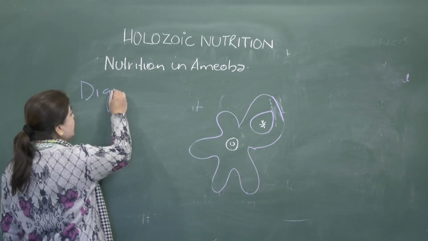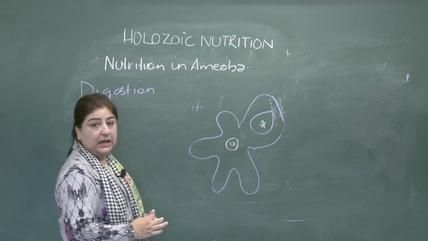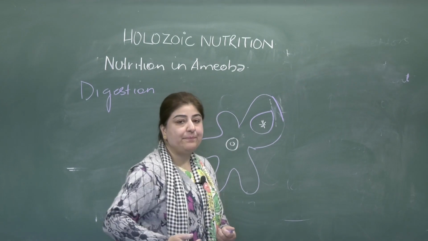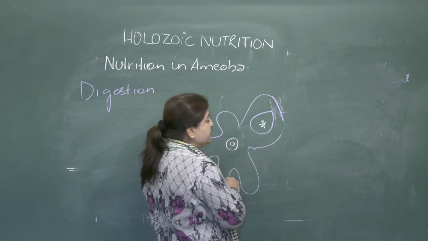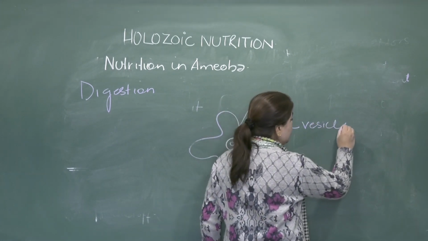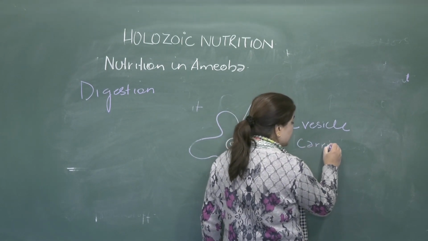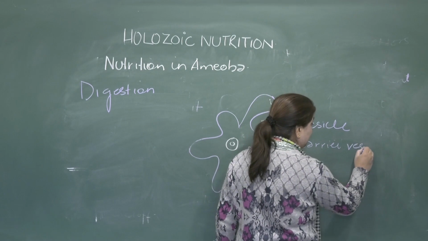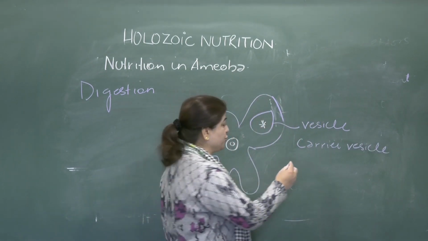Then the next step is basically the digestion. Now in the second step, digestion, what happens? This vesicle that is formed is also termed as a carrier vesicle, or it is also termed as a phagosome.